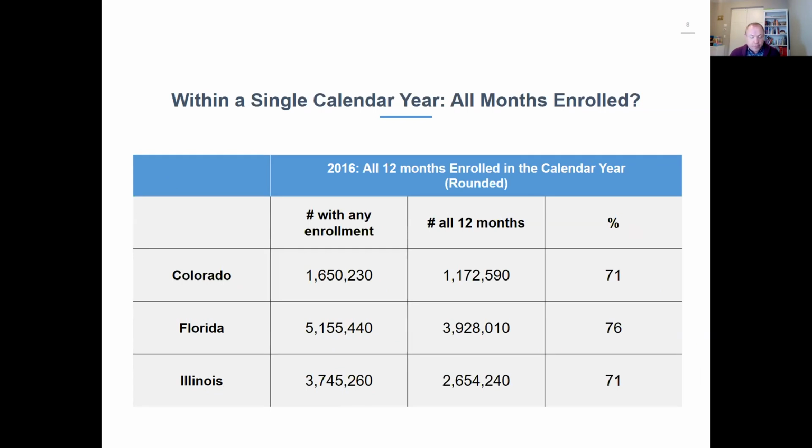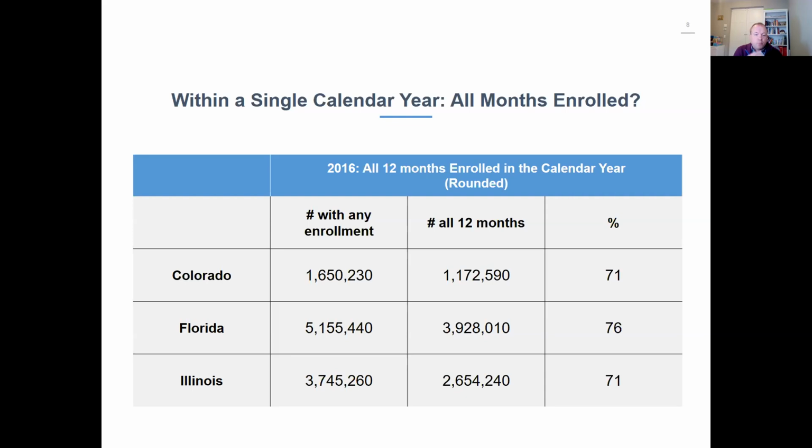One thing we want to think about is that maybe you've just required a single calendar year, so you're requiring your continuous enrollment period within a calendar year. Instead of a 3-year window, we have now the number with any enrollment just for that year.